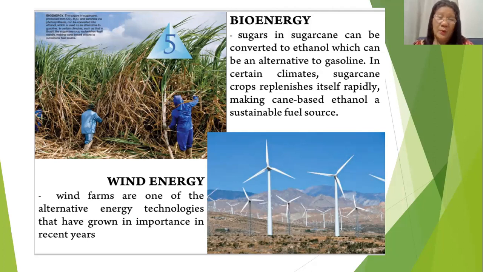So wind farms are one of the alternative energy technologies which later on people, even countries, especially improved countries, will be using. Why? Because this kind of energy produces no pollution.